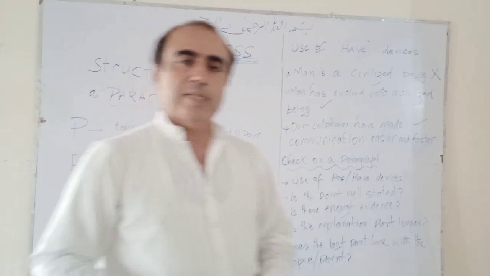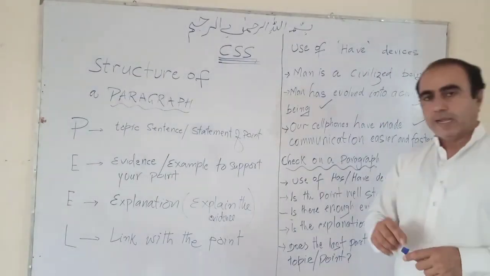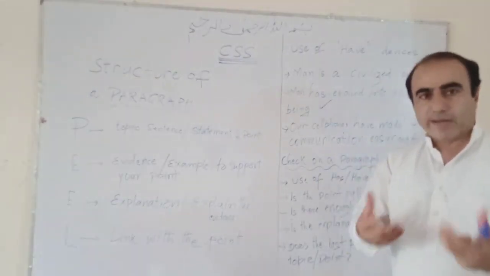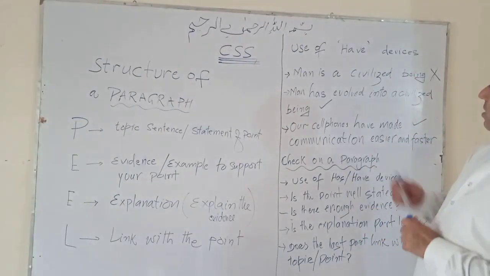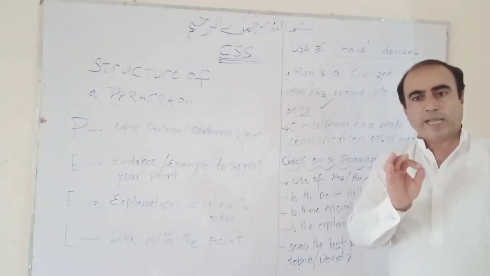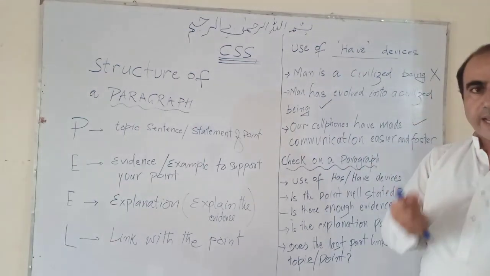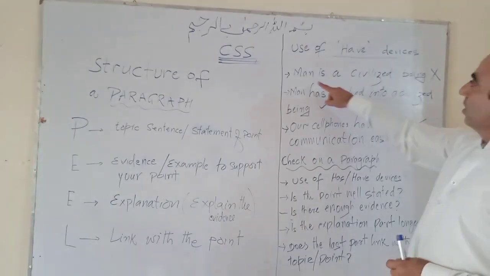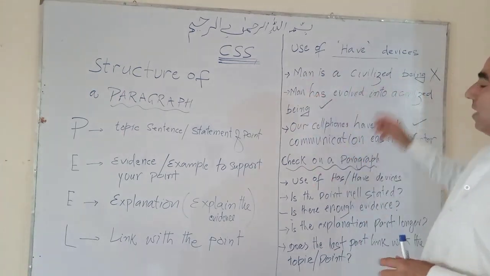There are a few more things that we need to consider, and they are very much important, and such devices can make our paragraph or our writing effective and more meaningful, and we call them has or have devices. Candidates should use has or have devices while writing. Here is an example for you. There is a sentence, grammatically it is correct: man is a civilized being.